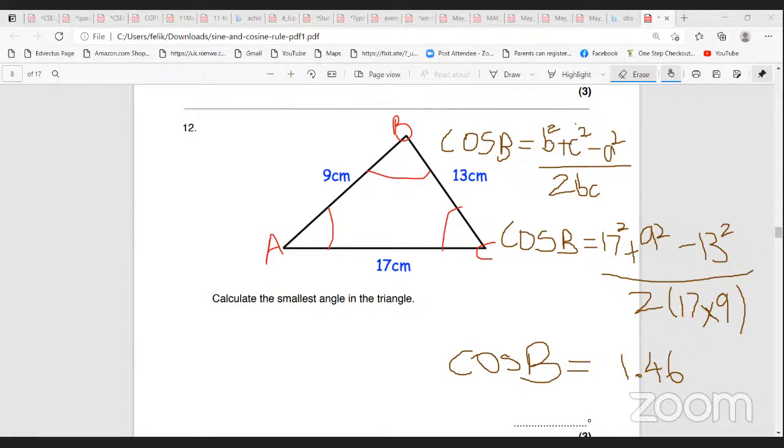Miss, is that correct, miss? Miss, is that correct now? Okay, miss.